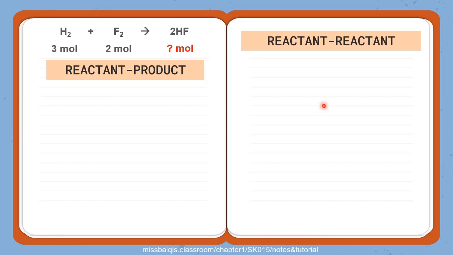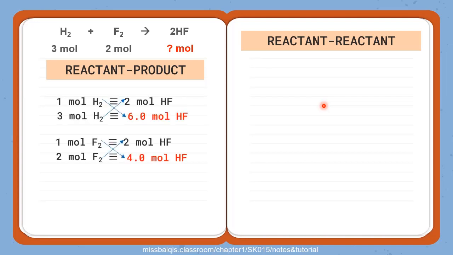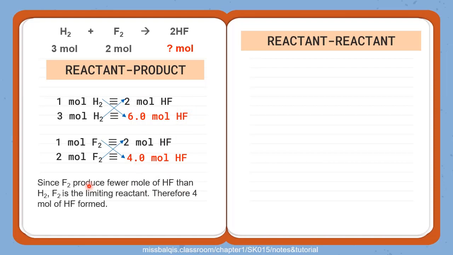If we gather both methods we have done and aim to find the mole of product, we first use this reactant product method to get the number of mole for the product, 6 and 4, then only can we conclude that 4 mole of HF is formed, because the question asks for the mole of product.